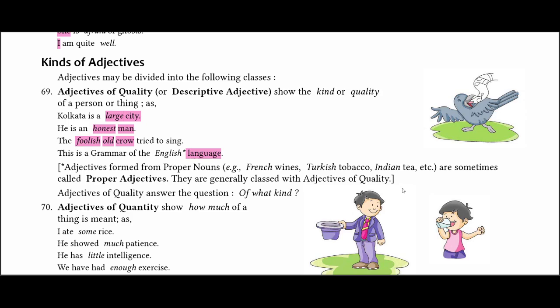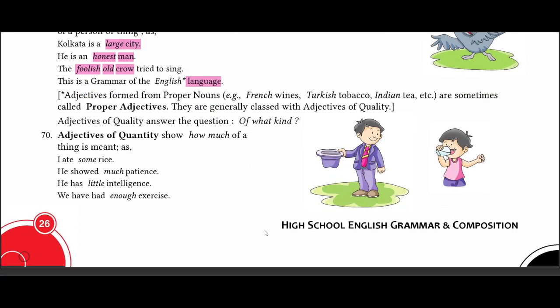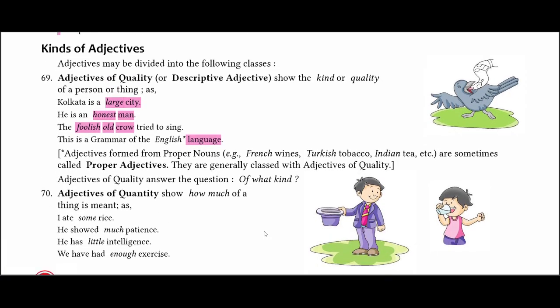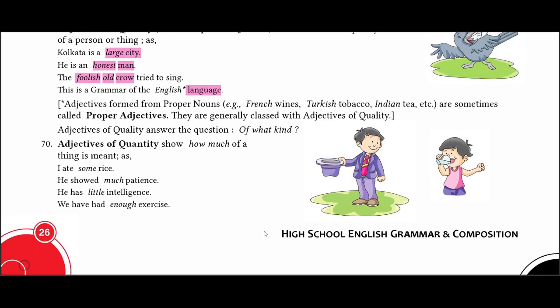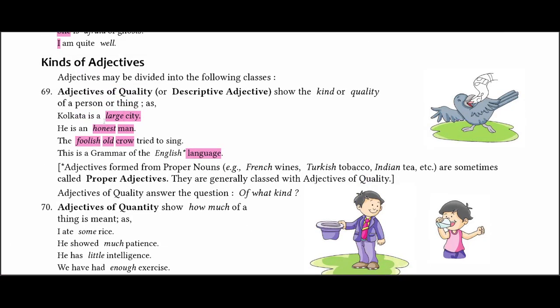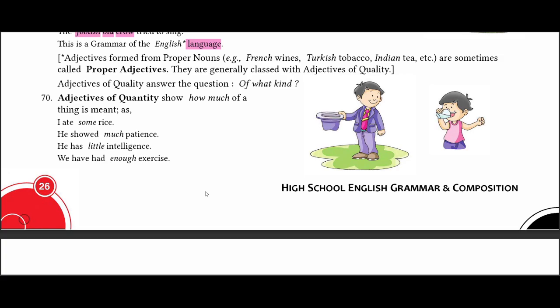So proper adjectives are adjectives of quality and descriptive adjectives. That is why they are classed with descriptive adjectives. Adjectives which describe the noun are called descriptive adjectives.